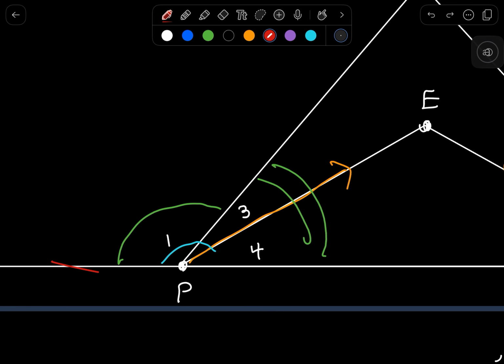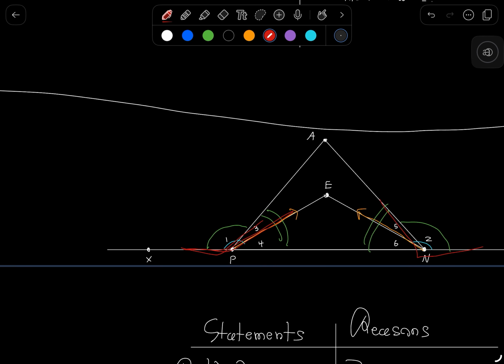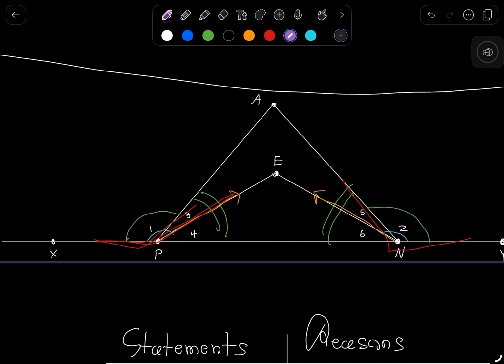If we're trying to prove that this angle is congruent to this angle, think about what we already know. We know angle 2 is congruent to angle 1. So all we need is to prove that 3 is congruent to 5, and of course, the results are going to be congruent because of the addition property. To prove 3 and 5 congruent, that's just the division property.